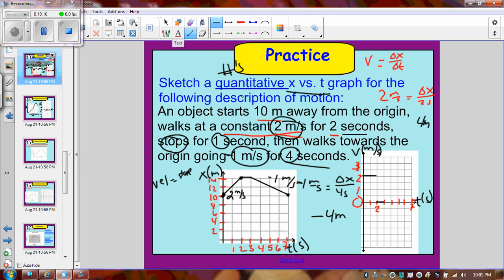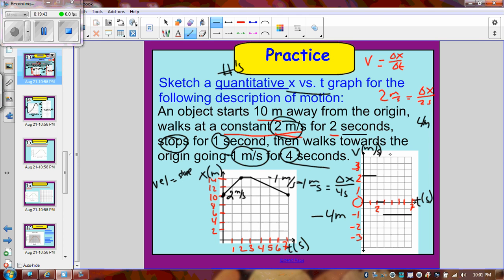So, because we know the velocity is negative 1 meter per second, I'm going to go ahead and draw my intervals down here, negative 1, negative 2, negative 3. Remember, you've got to keep everything evenly spaced. And so I'm going to draw a line at negative 1 meter per second for that last 4 seconds.